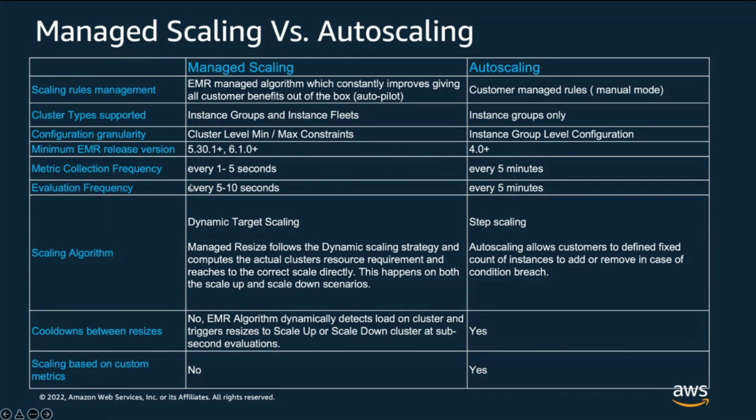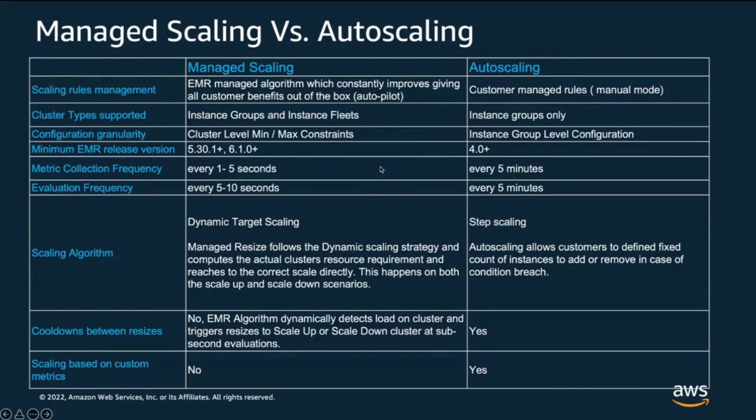The minimum EMR release versions are 5.30.1 plus for managed scaling, and 6.1.0 plus for managed scaling, and auto scaling can happen on 4.0 plus as well. And the good thing about using managed scaling is that it collects the metrics every 1 to 5 seconds.